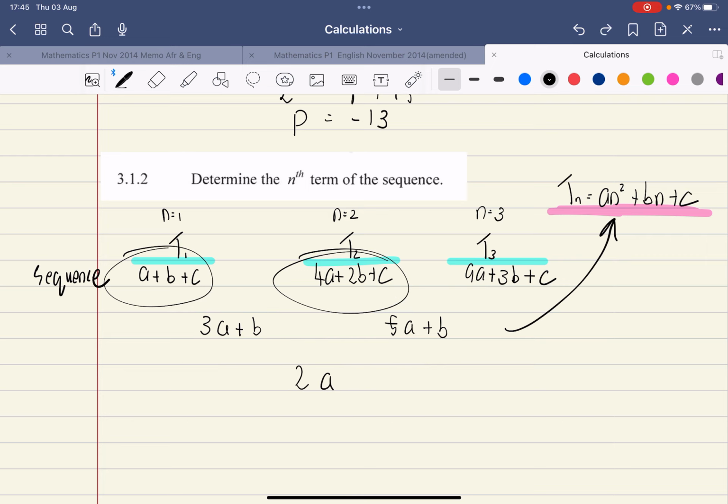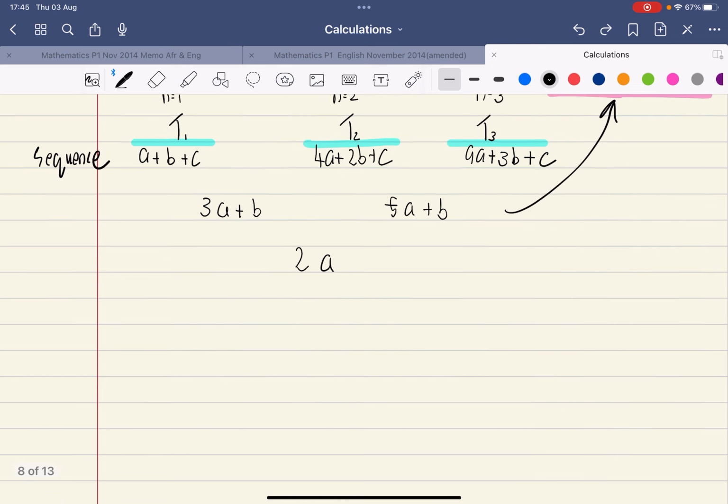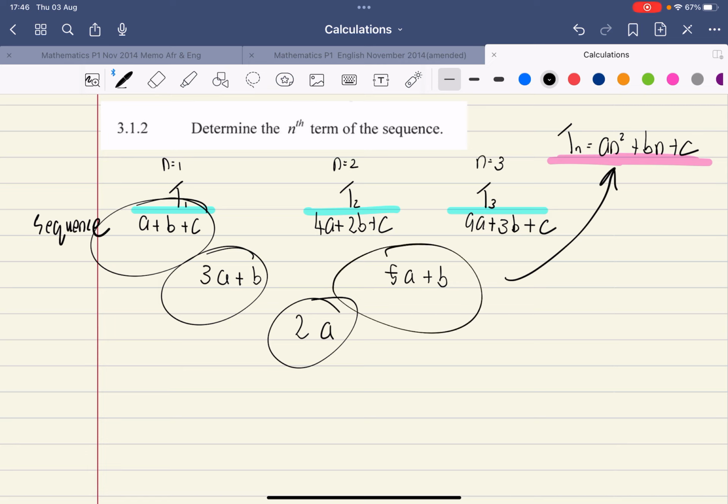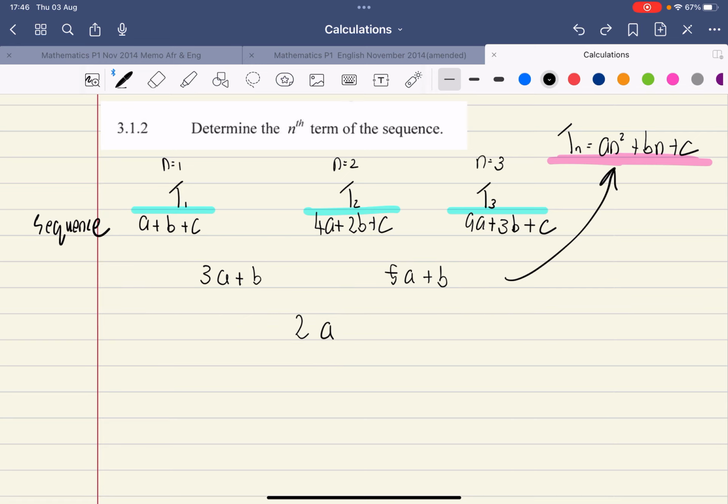So that's how these formulas come about. I would say the easiest to remember is just remember you begin with A plus B, 3A plus B, and 2A. Then you'll soon be able to see what the next term would be, and then you can start working on finding what A, B, and C are.